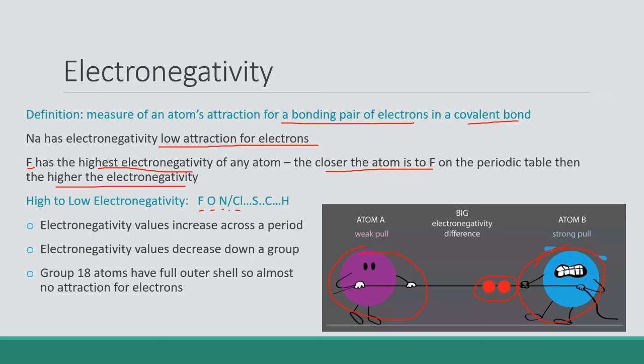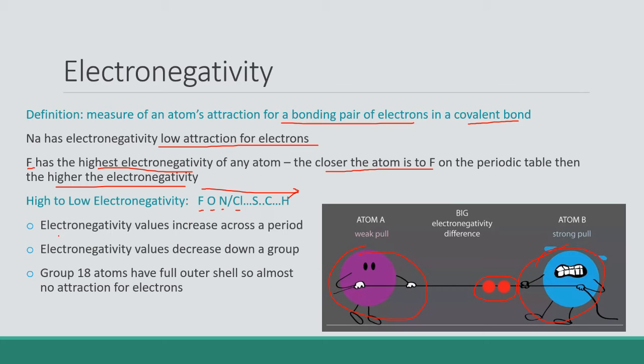This is in order from high to low, okay? Then chlorine and the halides, then sulfur, carbon, and hydrogen. The first three are really important for what's called hydrogen bonding, and we're going to look at that kind of attraction between molecules a bit more in level 3 chemistry.